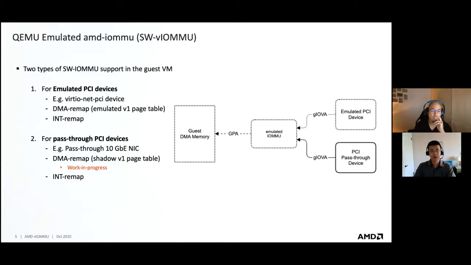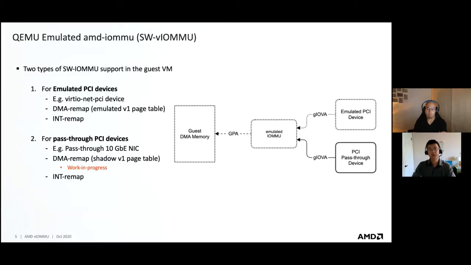Pass-through devices inside a guest VM can actually be classified into two categories. In the next slide, I will talk about why we differentiate them from each other. The first category is the emulated PCI device, for example, an Intel E1000 NIC inside the guest VM. And the second one is the PCI pass-through device, like a VFIO pass-through device.